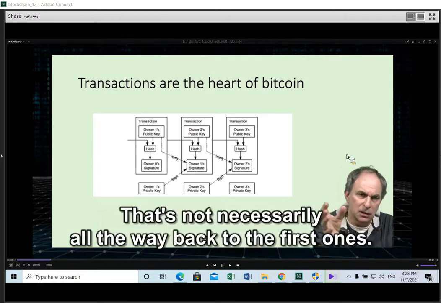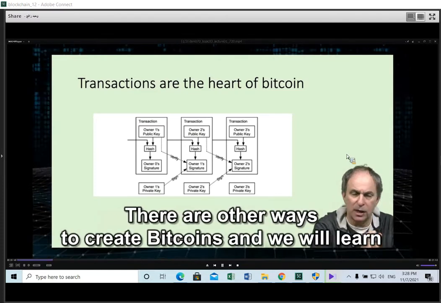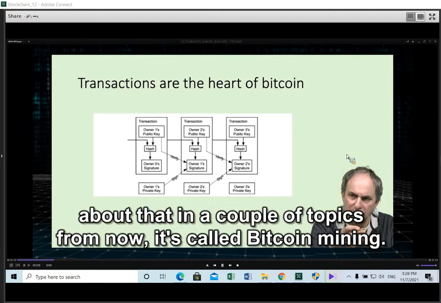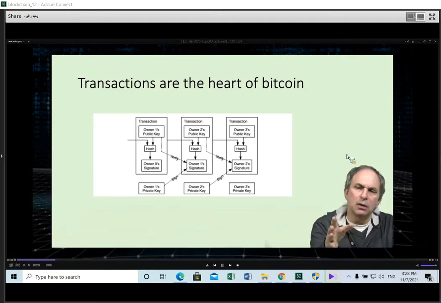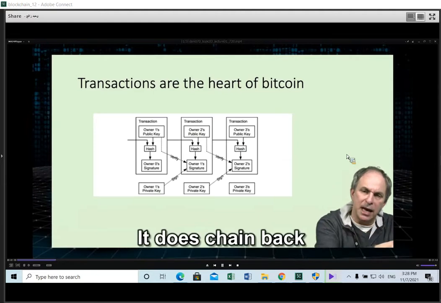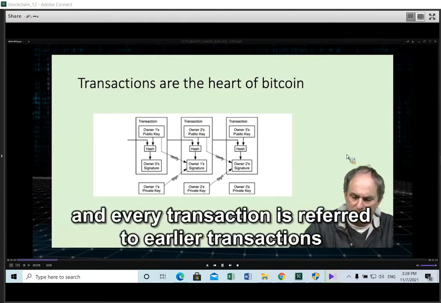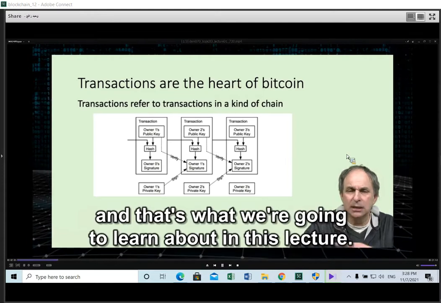That's not necessarily all the way back to the first ones. There are other ways to create bitcoins, and we will learn about that in a couple of topics from now. It's called Bitcoin mining, but it does chain back, and every transaction refers to earlier transactions, and that's what we're going to learn about in this lecture.